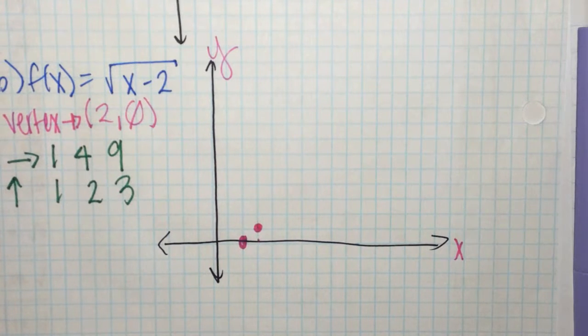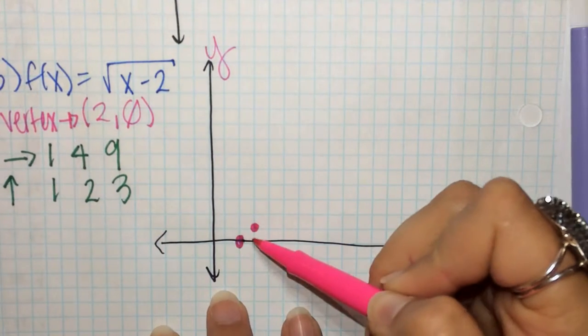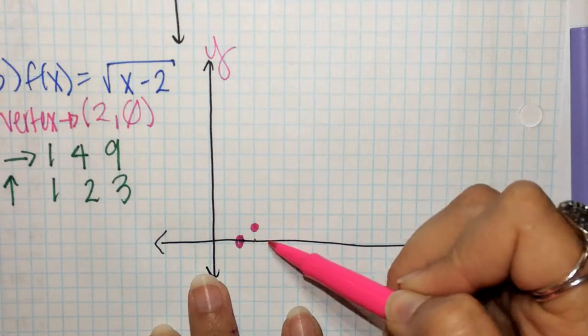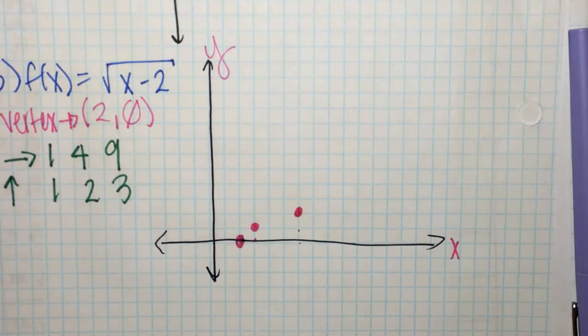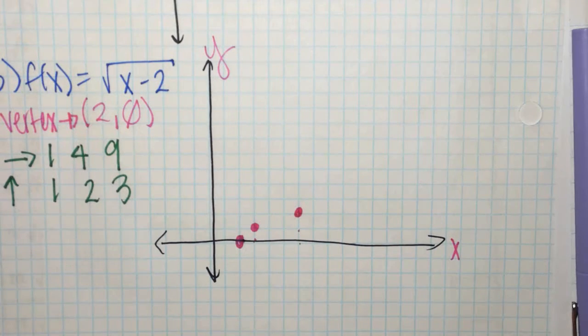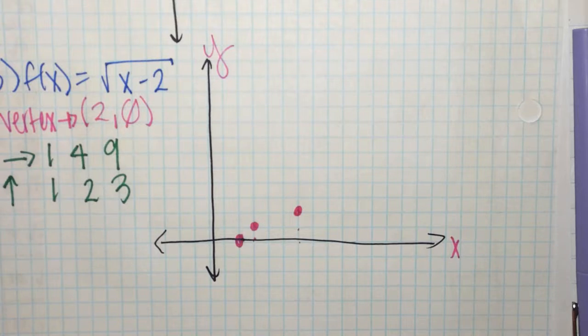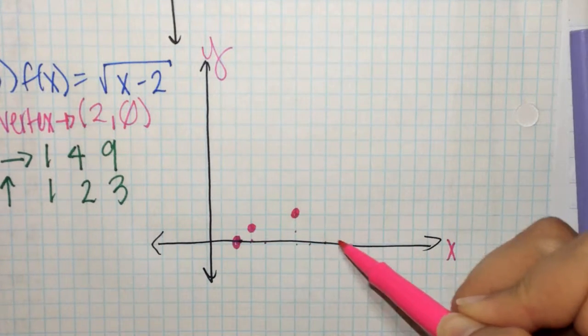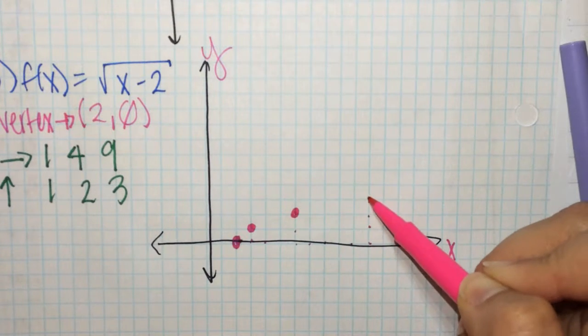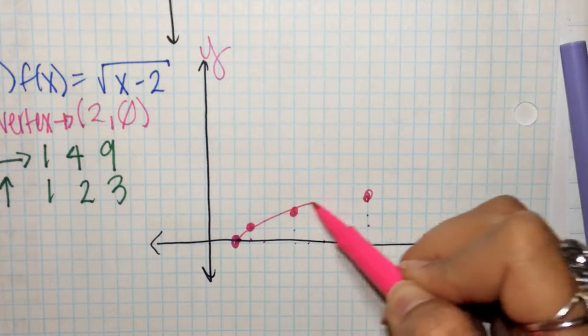Then what am I going to do? Right 4, up how many? 2. Yep, up 2, the square root of 4. And then what do I do from there? And then boom, you're done.